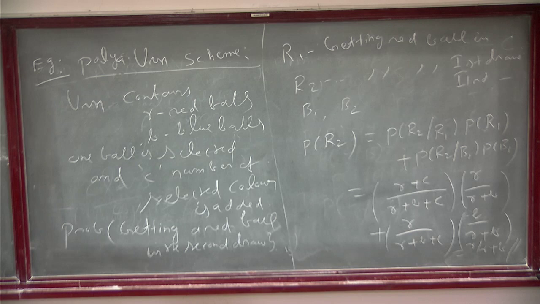Heuristically, we may think that some things are dependent, but it's not like that. So you throw a dice twice. One event A is getting an even number in the first throw.